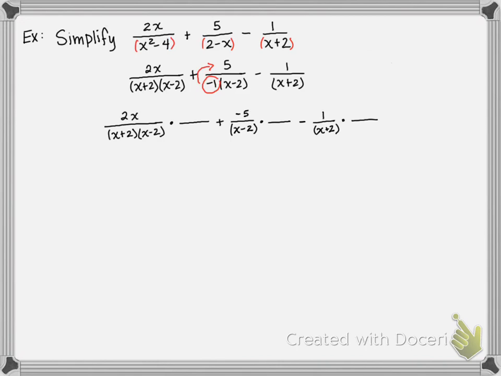So here I don't have to multiply by anything, right? Because my LCM is going to be x plus 2 times x minus 2. So if it makes you happy to do this, then you can do that. Or you can just leave it out altogether. Here I'm going to need an x plus 2. Here I'm going to need an x minus 2 over x minus 2.